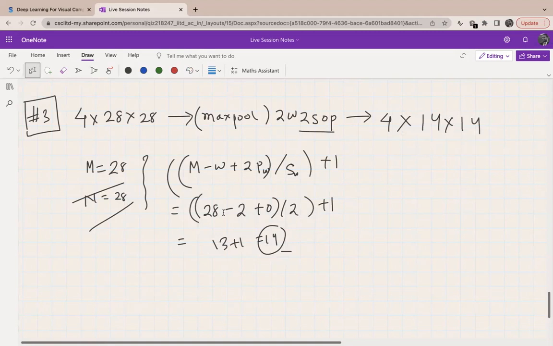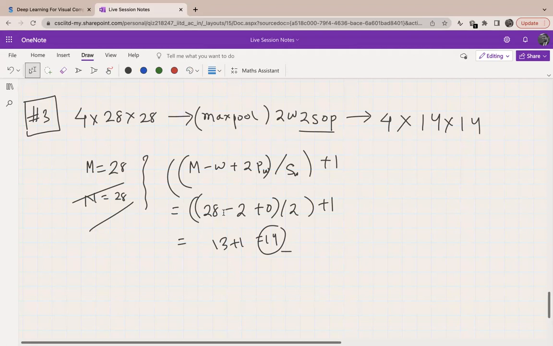So the number of parameters that you have here. If you go to the internal working of max pool, we take the maximum out of it. There are no parameters involved when we take the maximum. We're just taking the maximum value.